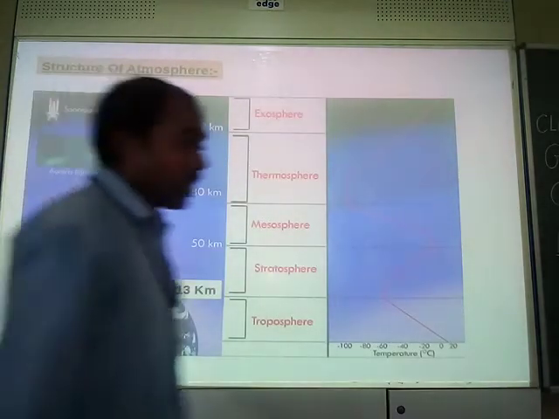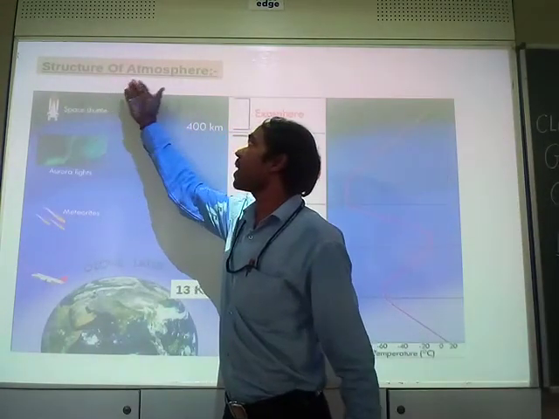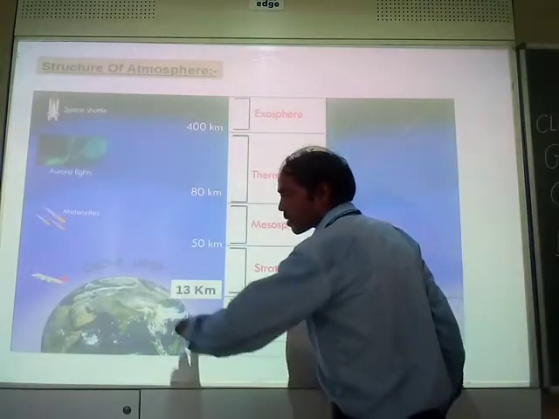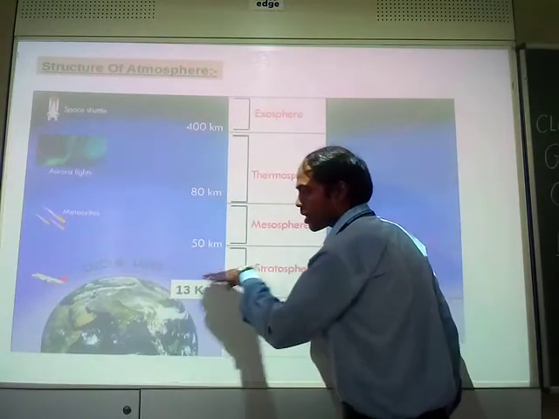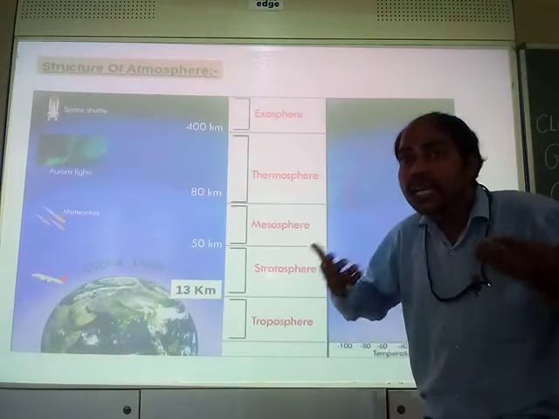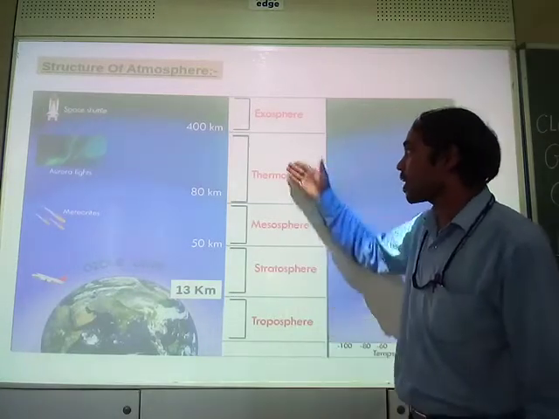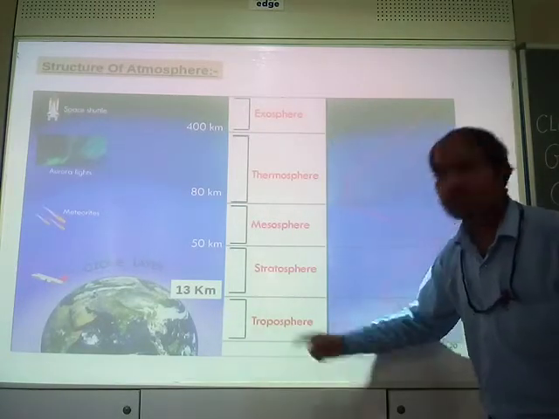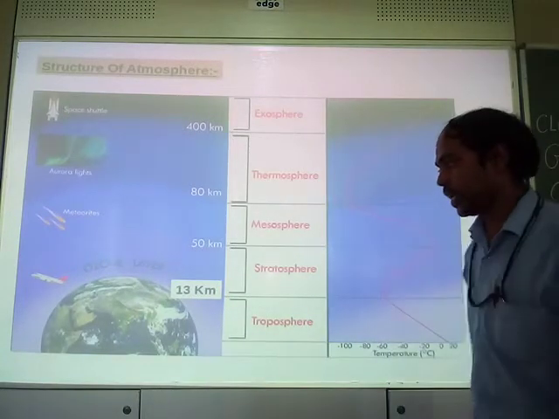Now we have to read about the structure of the atmosphere. Suppose this is the earth. Different layers of air are there, which we have to read. Scientists have given names to the different layers of the atmosphere. Troposphere is the lowermost layer of the atmosphere.